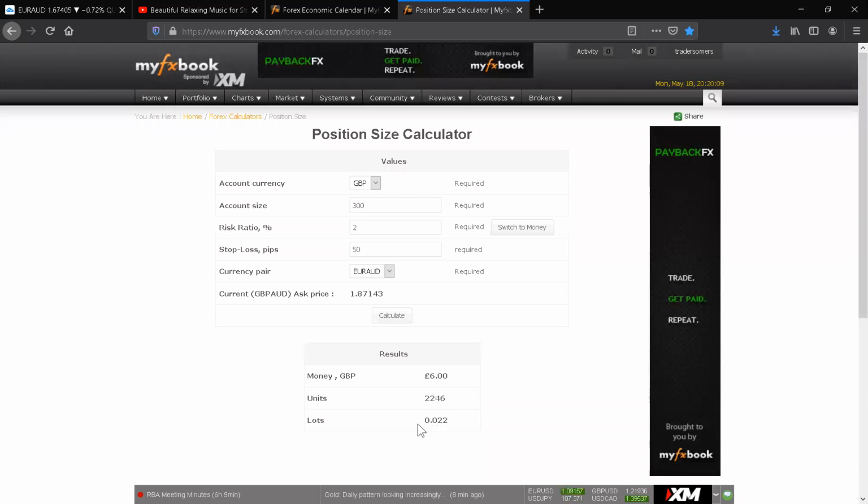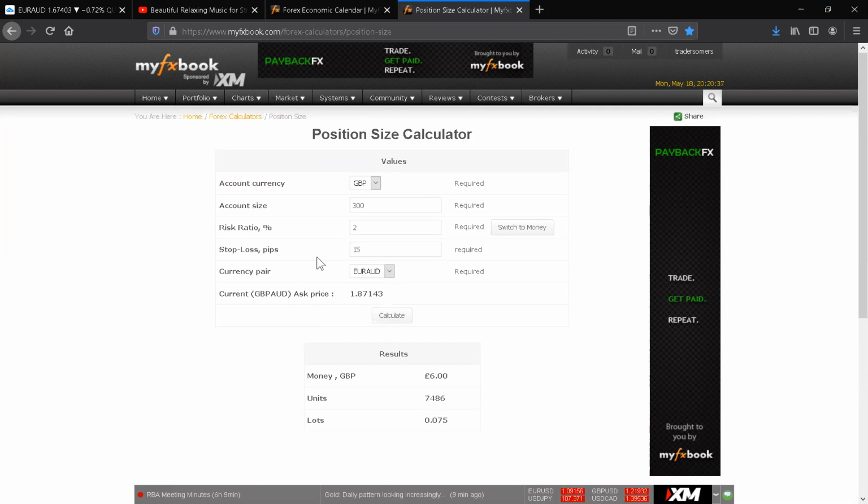And it's telling you your lot size to use at 0.02, because you've got a 50 pip stop loss. So this is why I really liked the sniper entries that Tradehouse is teaching, because if you can catch those kind of moves, you can get some insane returns for your account just because you've used the stop loss.